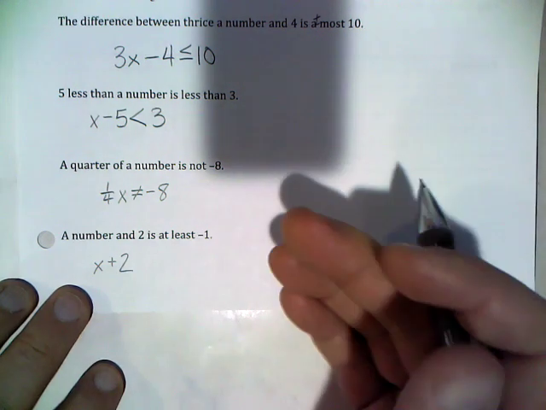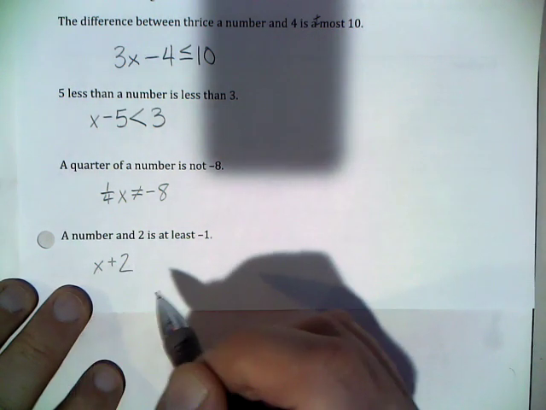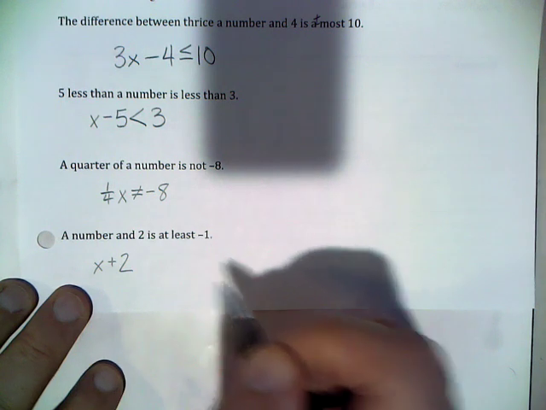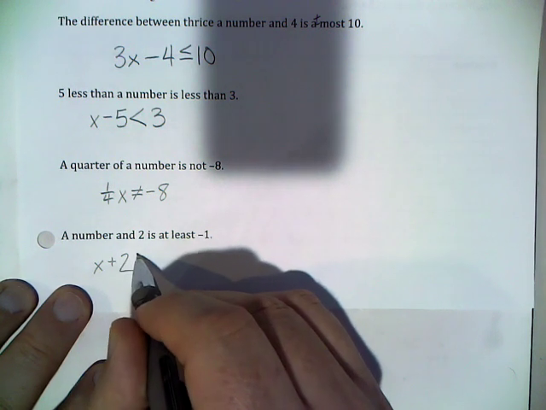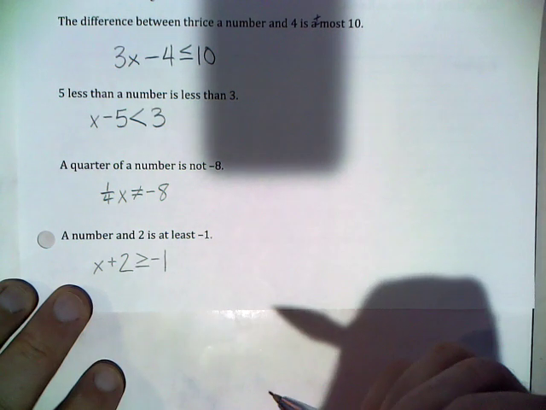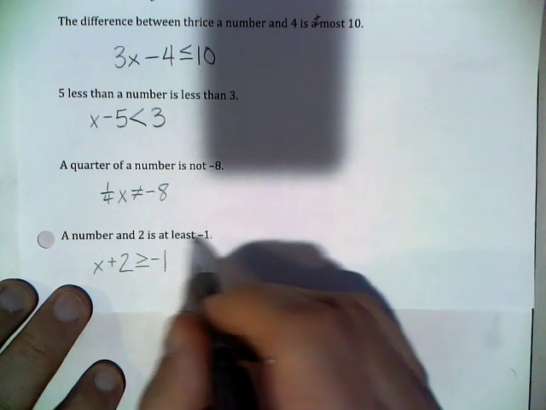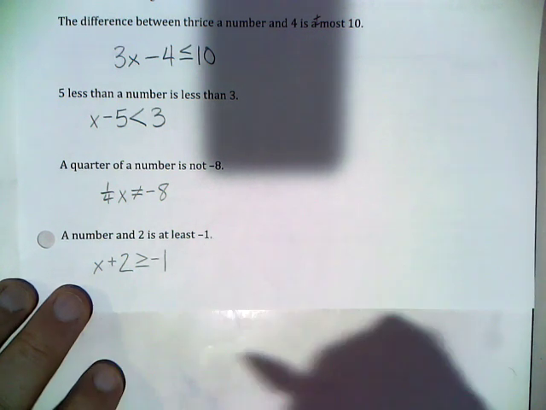Just like if I say 2 and 3 is 5, well, that's 2 plus 3 equals 5. So x plus 2 is at least. If that's the least that it can be, then I know all the other numbers have to be greater than or equal to this -1. If it's at least -1, that's the least. Everything else is greater than or equal to.